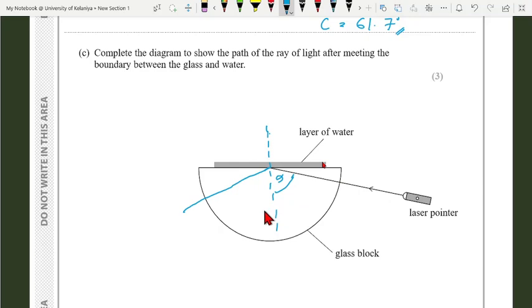You should know the angle of reflection and angle of incidence should be equal, so this one also should be theta. Here they have given 3 marks: 1 mark for reflecting, 1 mark for recognizing these two same angles, and 1 mark for the ray undeviated at the glass. So that's how they have given marks.